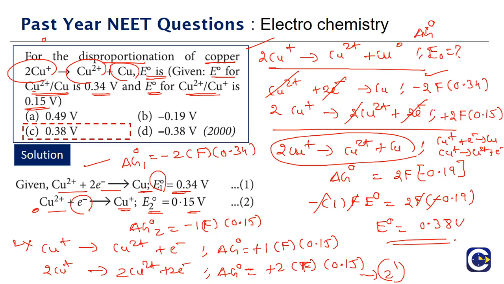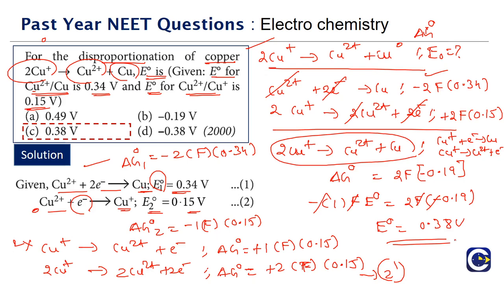In the entire electrochemistry, this model of question, where we are relating the E naught values of different equations, is going to be the tricky one. Why? Because we cannot directly relate the E naught values. First we have to find the del G naught values, then most of the questions we have to rearrange. Rearranging the equations means del G also will change.